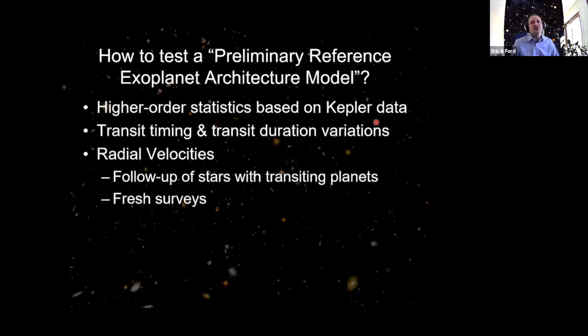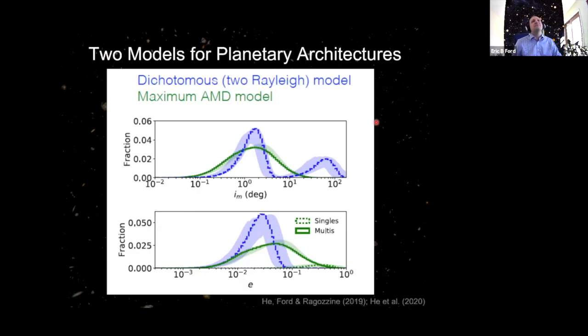Or could we do fresh new surveys that aren't as biased as previous ones? That motivates us to ask, could we discriminate between these different models for things like eccentricities and inclinations? Assuming inclinations and eccentricities are correlated based on formation, then these two models for the inclination distribution are likely to have different eccentricity distributions, and that's something a radial velocity survey could pick up on.